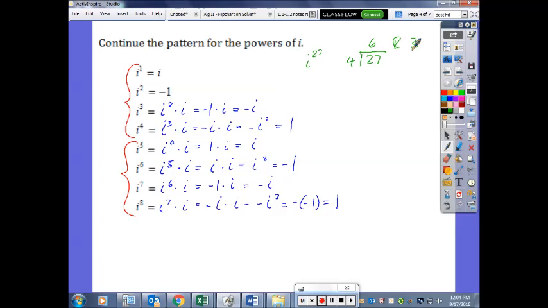And the remainder of 3 means that this is like i to the 3rd power. In other words, i to the 27th power is the same as i to the 3rd power, which is negative i. Alright? Now you can keep doing that, but when the numbers get higher, there's also a calculator tip that we can use.